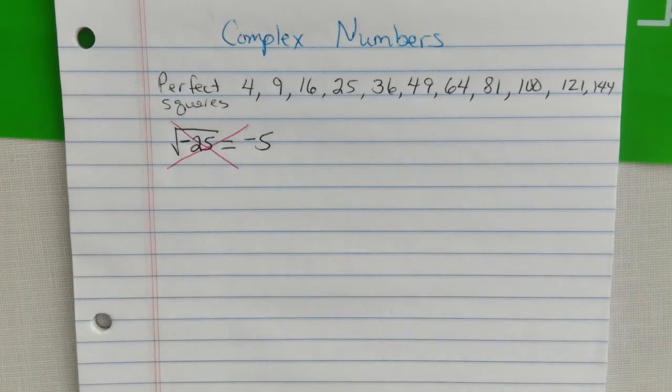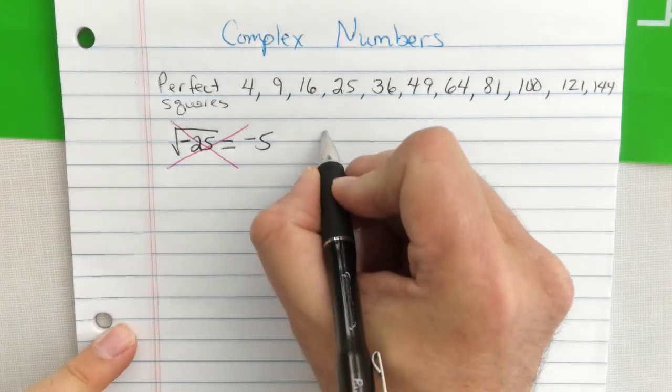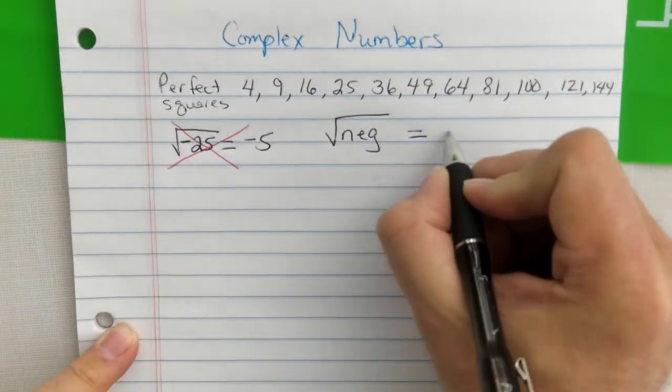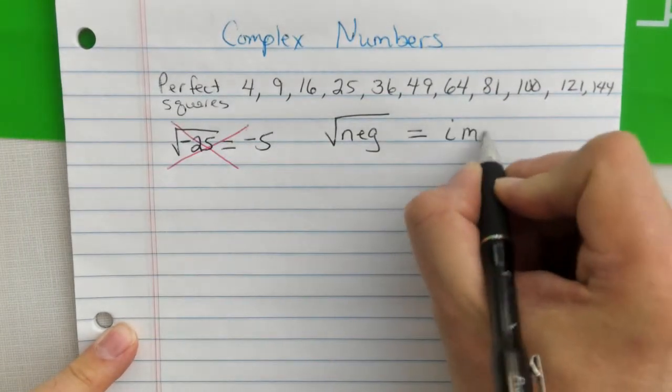The square root of negative 25 is not negative 5. Why? Well, negative 5 times negative 5 is positive 25. In general, the square root of a negative number is defined to be an imaginary number.